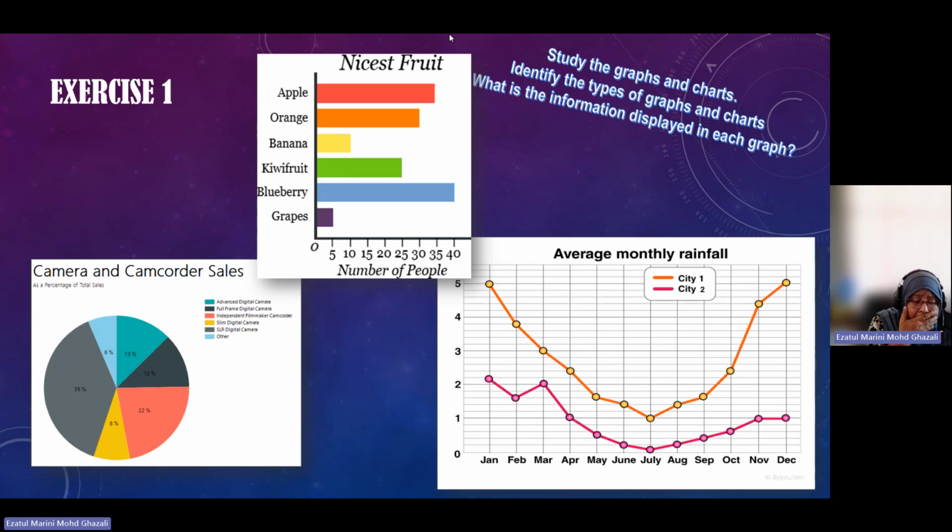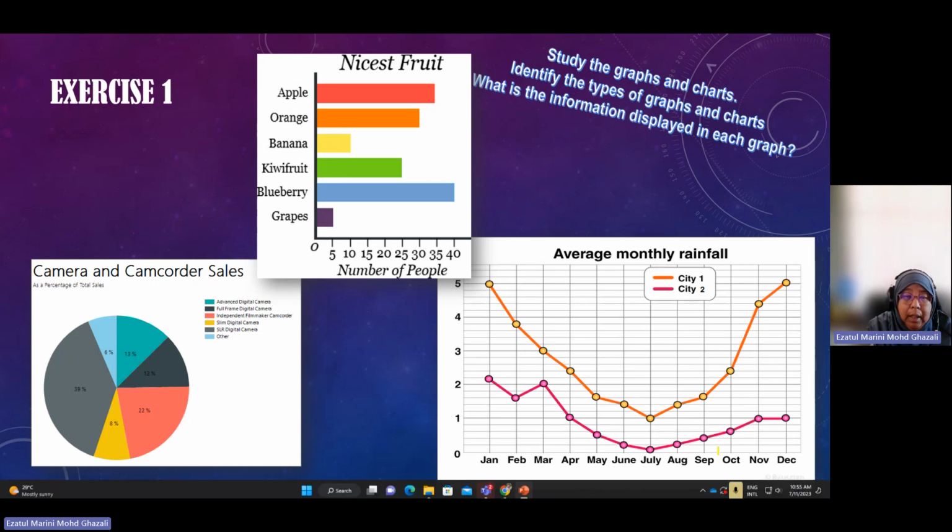The line graph shows the average monthly rainfall in City 1 and also City 2. It compares the rainfall in 1 year. The range is 1 year from January to December.